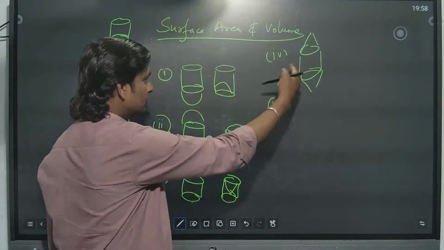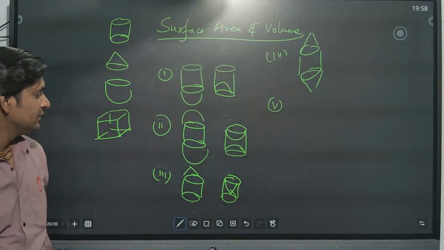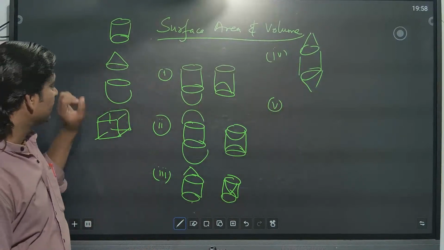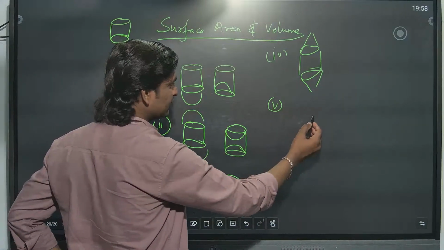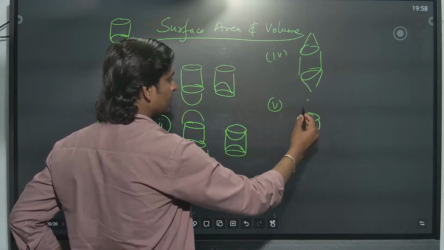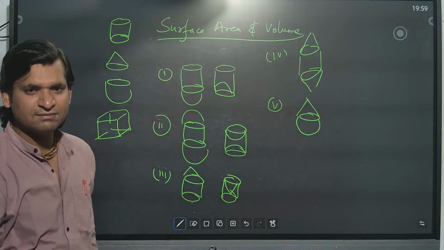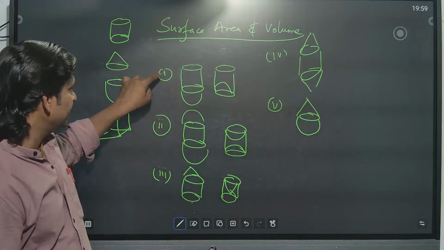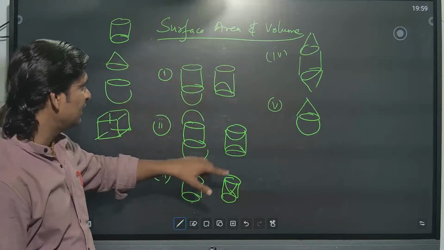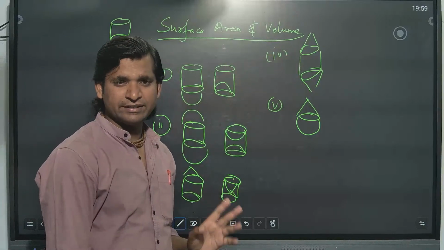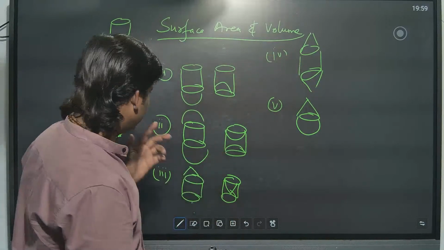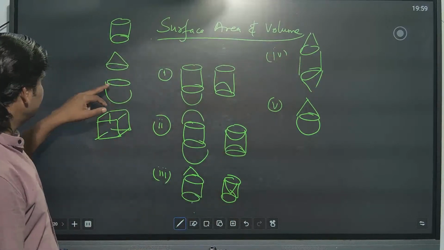Fifth, now cone and cylinder and sphere done. Cone and hemisphere, what can be the relation? Any other diagram? No. So how many diagrams? 1, 2, 3, 4, 5, 6, 7, 8. 8 done.